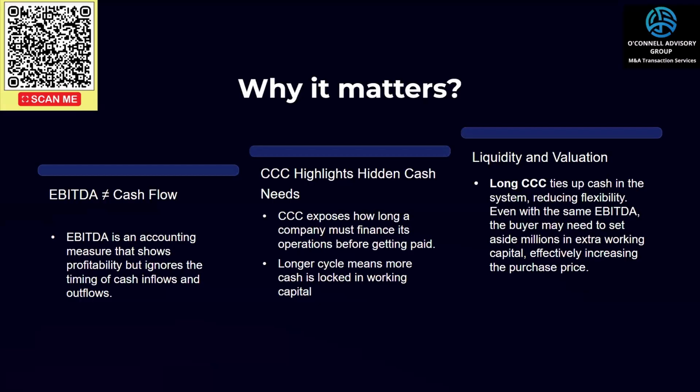Ultimately, the EBITDA will turn into cash, but it just takes a longer period of time. And during this period, you may have to bring in additional cash or utilize a credit facility.